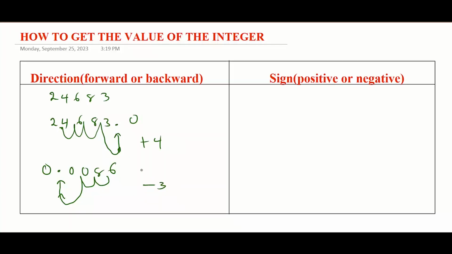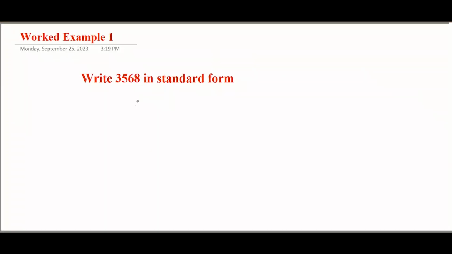So now you know how to form the standard form number and how to get the value of your integer. So let's look into 4 examples. Example 1, write 3568 in standard form number. Earlier in this video, you were told to always ensure that there is a decimal point in the number.